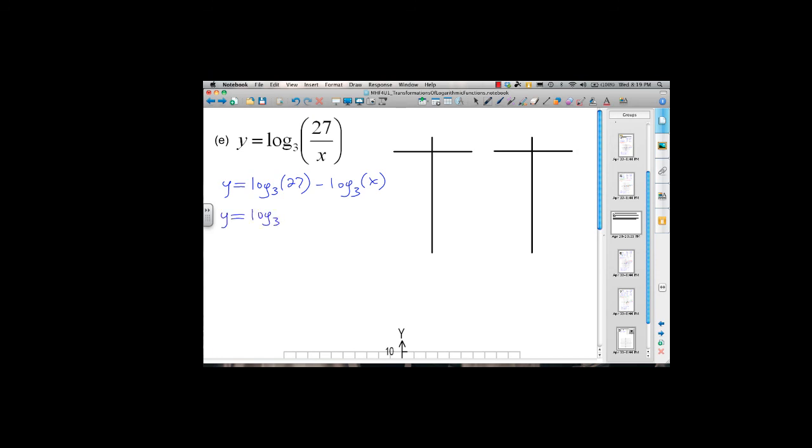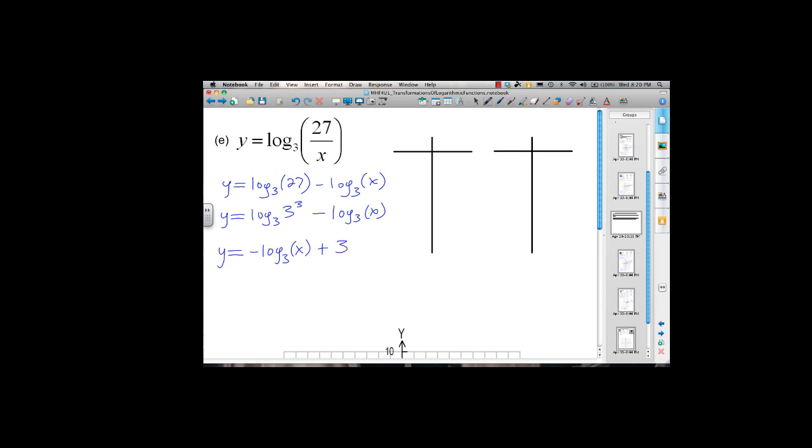So if I envision 3 cubed being the same as 27, and then I am subtracting log base 3 of x, my final equation will look like, as I did in the previous questions, I'm going to put the expression with the x first, so I'd have negative 1 times log base 3 of x, and then if I had simplified the log base 3 of 3 to the power of 3, that would just be plus 3.